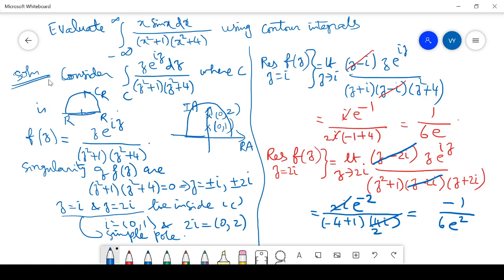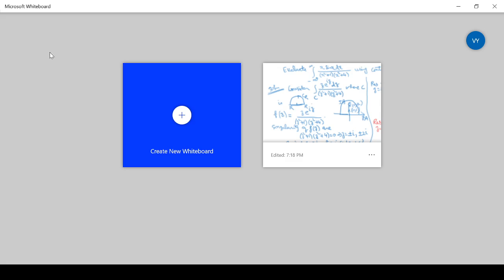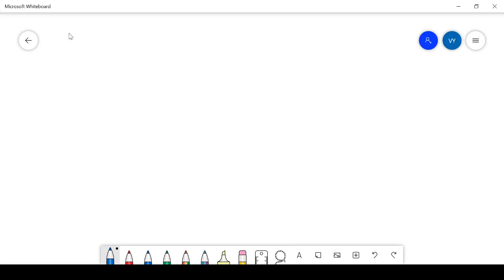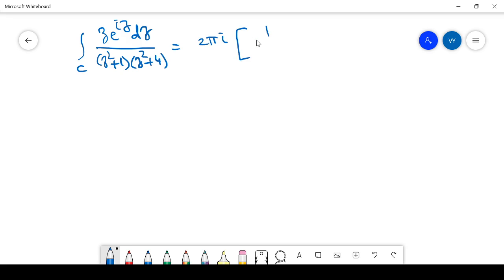So now I will use the residue theorem. When I use it, I will have the integral over C of z e power iz dz by (z squared plus 1) into (z squared plus 4) equal to 2 pi i into (1 by 6e minus 1 by 6e squared). Now I will try to simplify this.